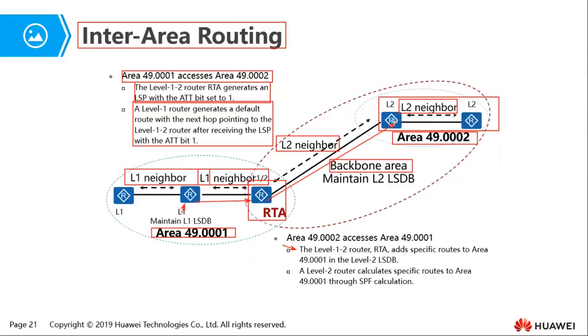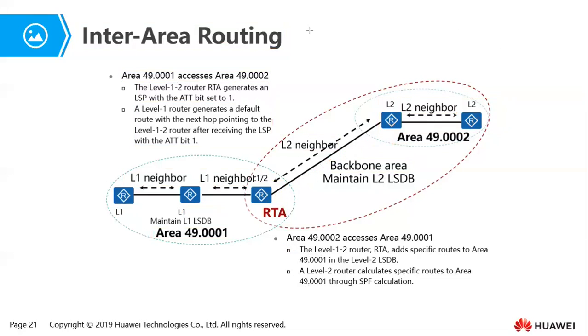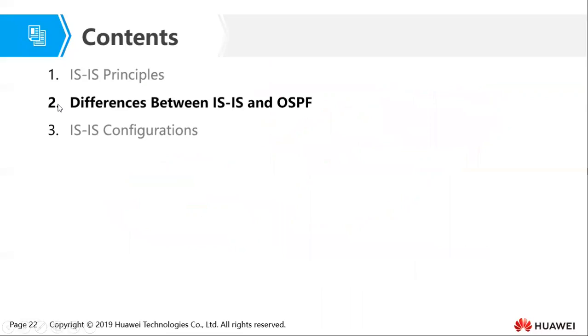If level 2 routers here in area 2 want to access routers in area 1, then the level 1-2 router will add specific routes to this particular area in the level 2 LSDB. Then the level 2 router will calculate specific routes to area 1 through SPF calculation. So that is how that is done.